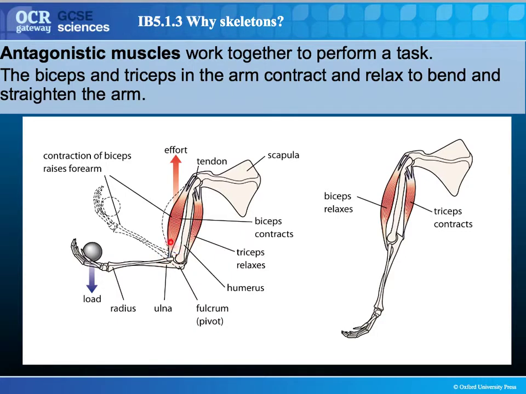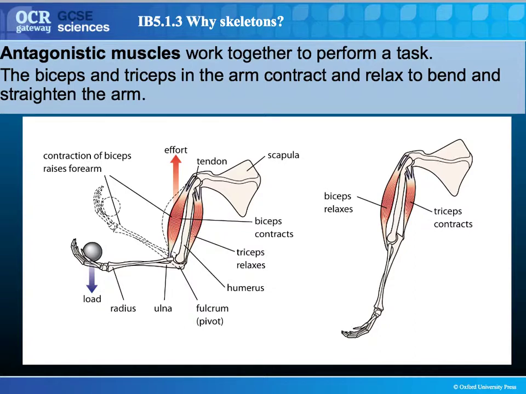Now, this tendon is not stretchy, so it pulls the arm upwards towards the shoulder. On the other hand, when your arm is straightening, the opposite happens. So the bicep relaxes and the tricep contracts. This time the tendon of the tricep pulls the ulna of the forearm and your arm straightens.